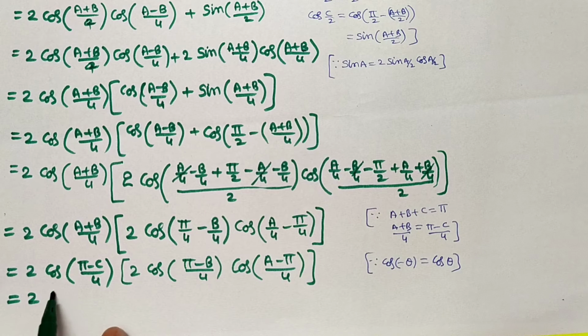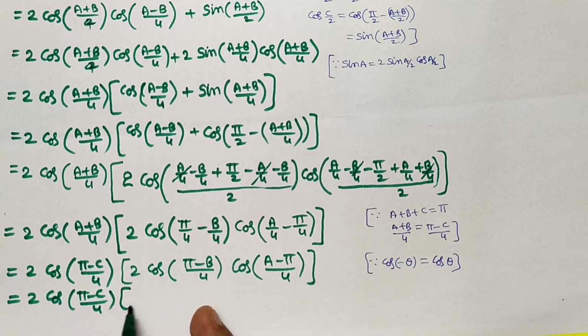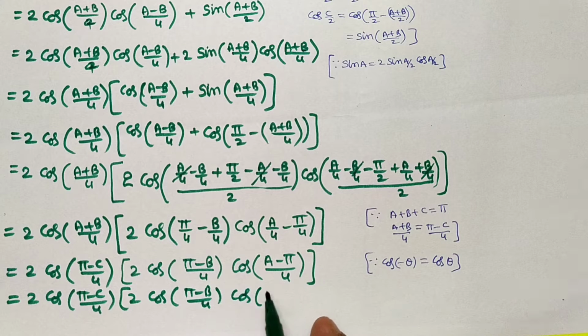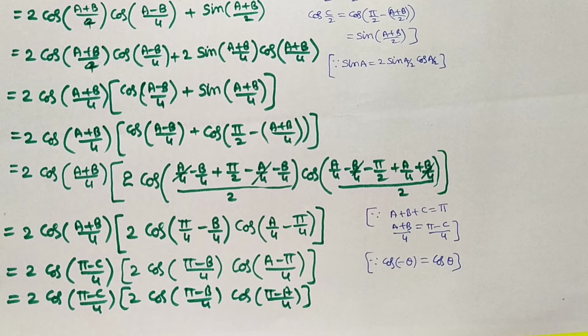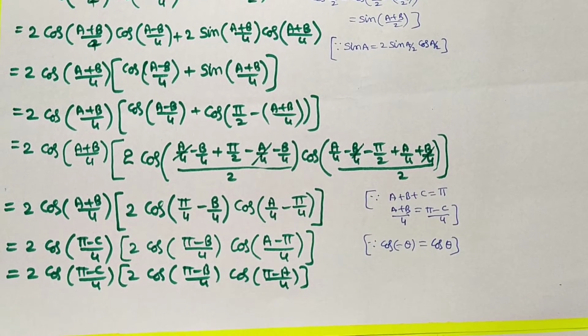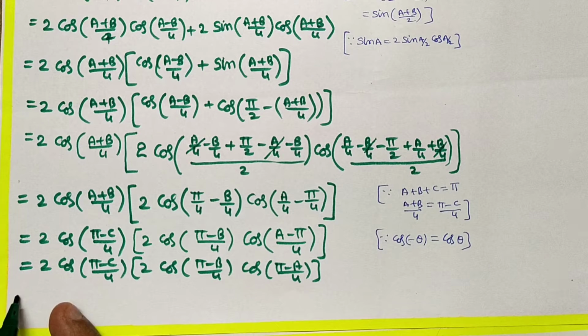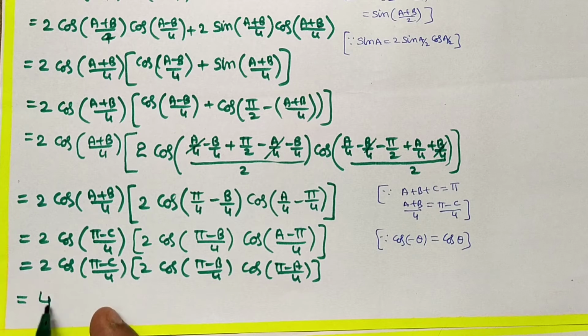So 2 into cos of (pi minus c) by 4 into 2 into cos of (pi minus b) by 4 into cos of (pi minus a) by 4. So the ultimate and last step, RHS. Which is equal to 2 into 2 is 4.